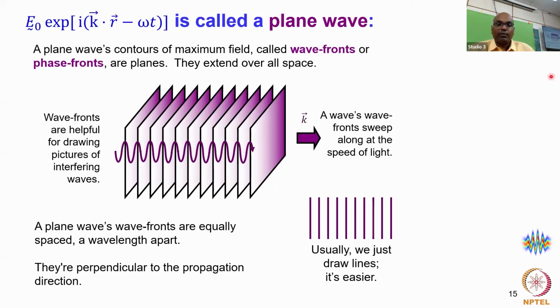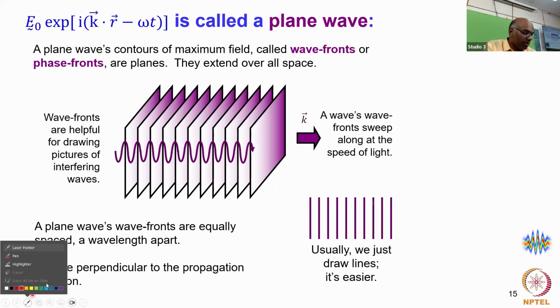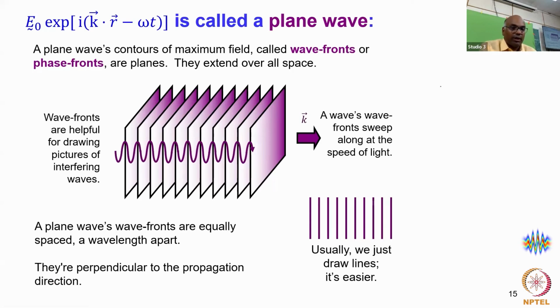Maybe I should just take a few seconds to write this down: kx x plus ky y plus kz z minus omega t1 is equal to a constant, or kx x plus ky y plus kz z is equal to another constant quantity.